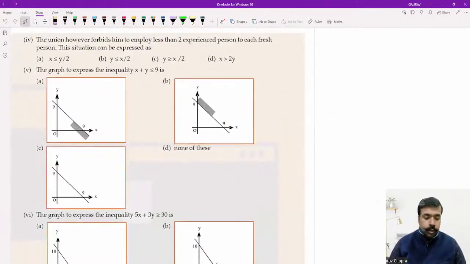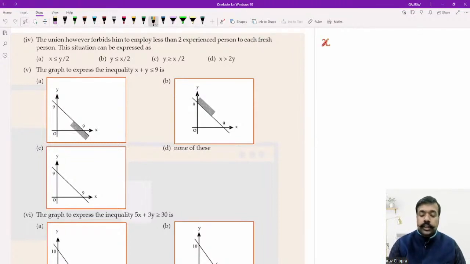So let us do this fourth one. The union, however, forbids him to employ less than 2 experienced person to each fresh person. It is almost similar. This situation can be expressed as less than 2 experience.